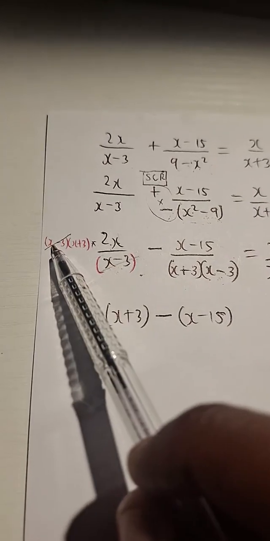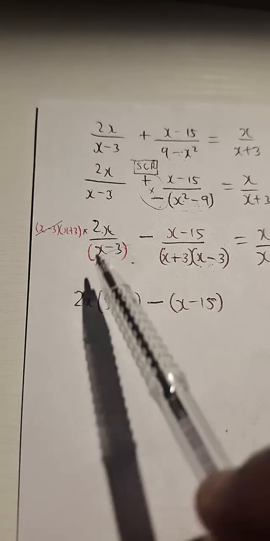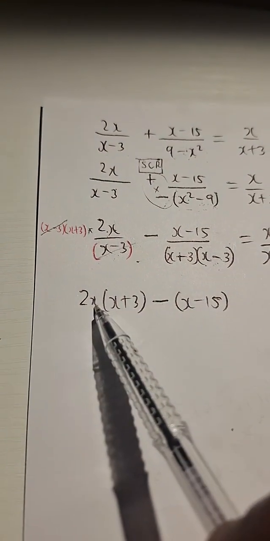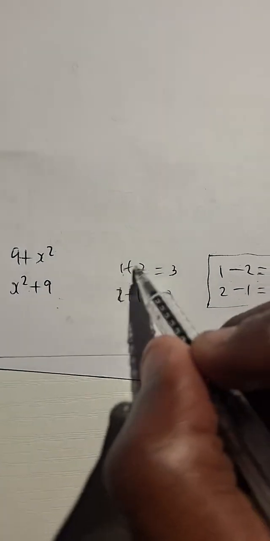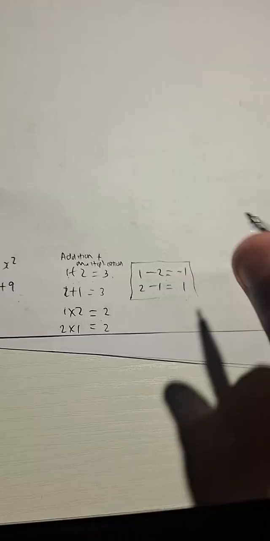Now some people who may be looking at this will ask, but sir, why are you writing 2x multiplied by x plus 3? It goes back to this thing. Addition is commutative, and so is multiplication, guys. What's 1 times 2? It is 2. What's 2 times 1? It is 2. So that's why in grade 8 and 9 you learned that addition and multiplication are both commutative.